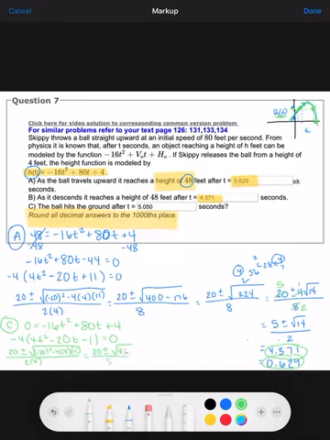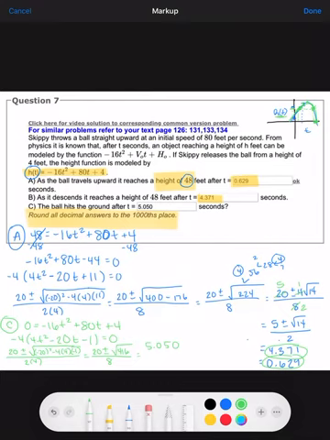All over 8. And because I want this in a decimal, I'm just going to go ahead and solve it from here. So I'll do 20 plus the square root of 416 divided by 8. Do that first. Okay, so I got 5.049, which will round to 5.050.